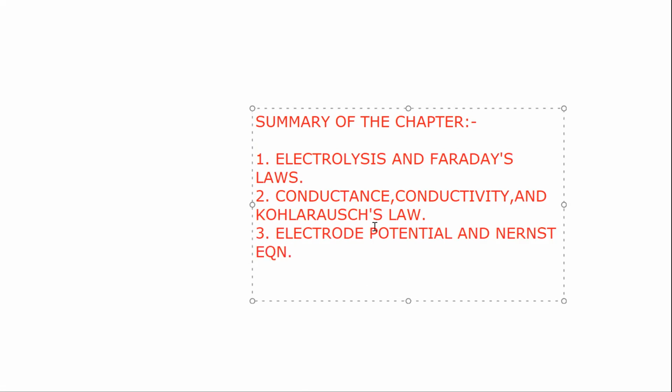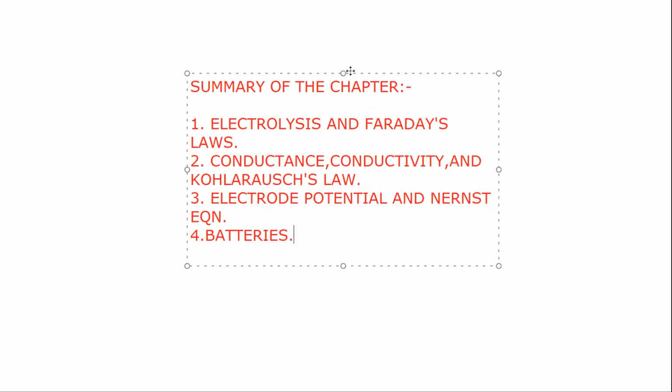Fourth, we have done batteries, that is primary cells and secondary cells. All these areas we have done with n number of numericals and n number of theoretical questions. So this is a summary of the chapter.